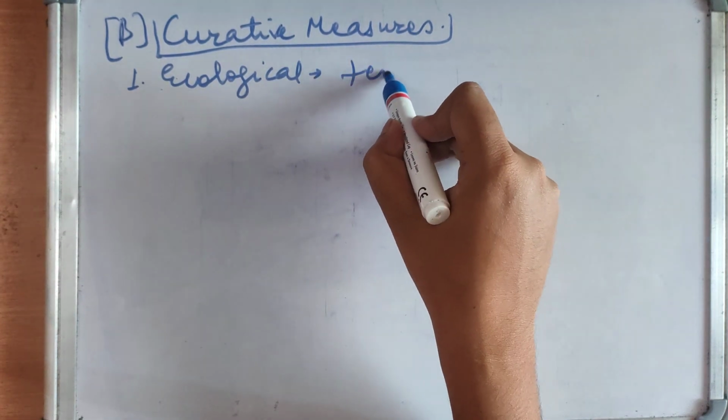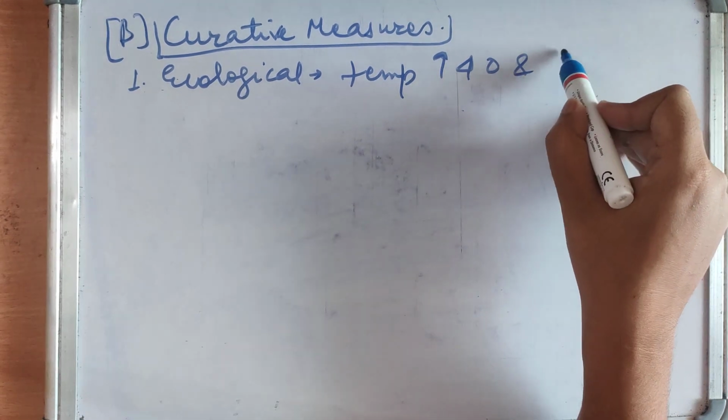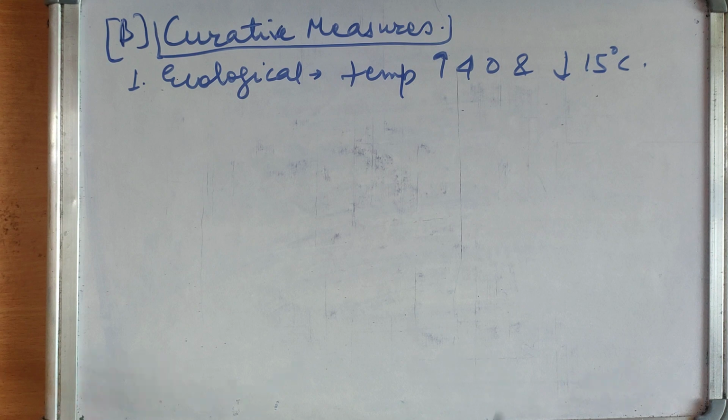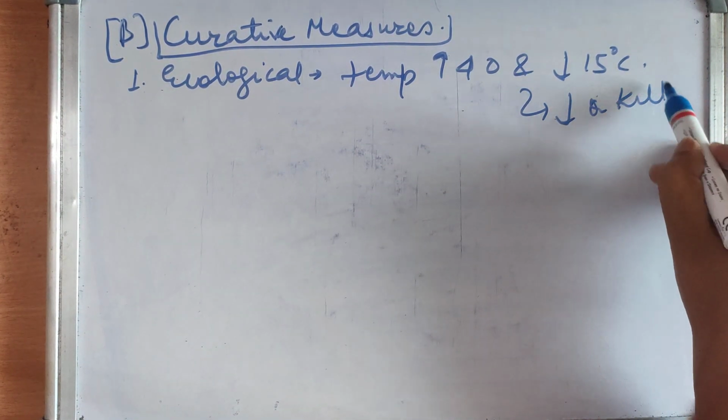Temperature above 40 degree and below 15 degree Celsius retard and kill insects.